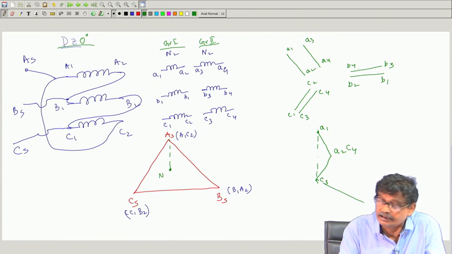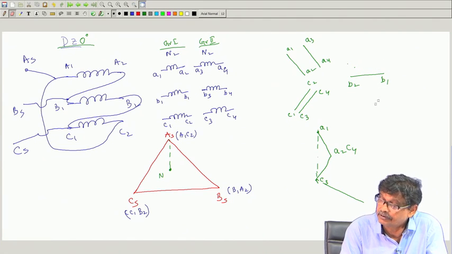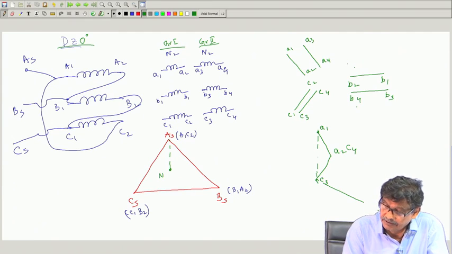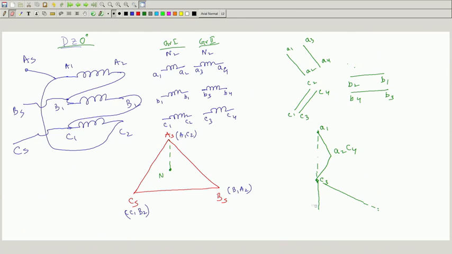B phase is horizontal actually, do not put it like this, it is horizontal: B1, B2, and this is B3, B4, these are horizontal. Why? Because B1, B2 is this. So this voltage is the secondary phase voltage, and it can be obtained like this, A and B.